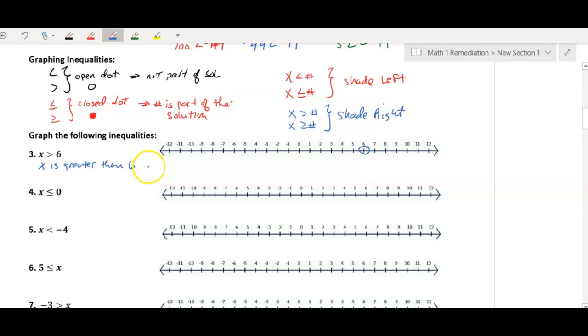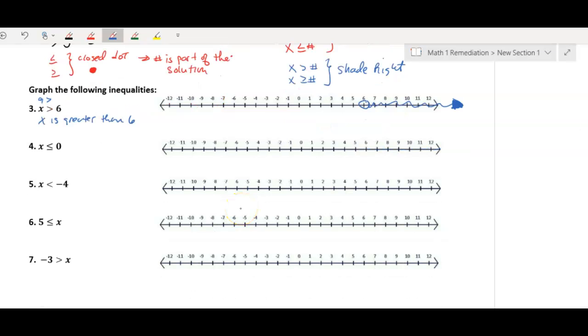And all the numbers greater than 6, if I had to plug numbers in here that make that true, I would say numbers like 9, 10, 12, 50, which means I'm going to shade to the right. And I put an arrow on the end here because it extends forever and ever to what we call infinity.